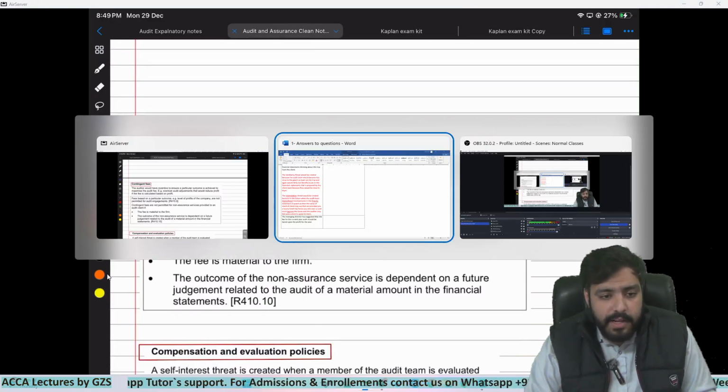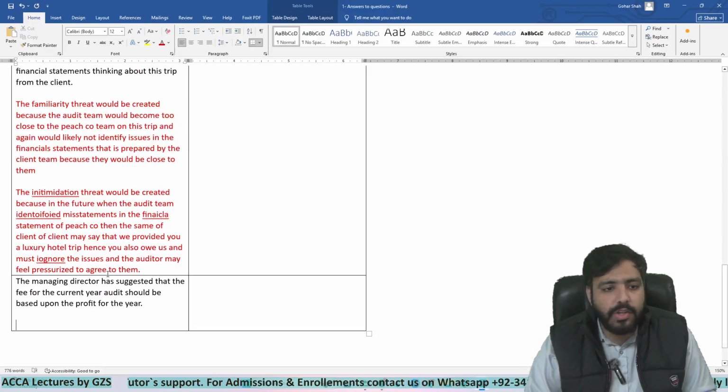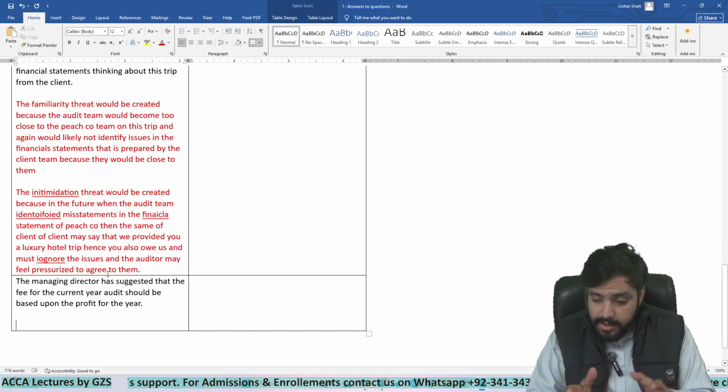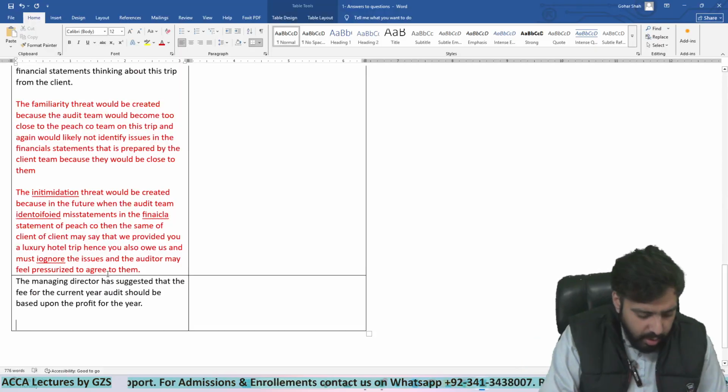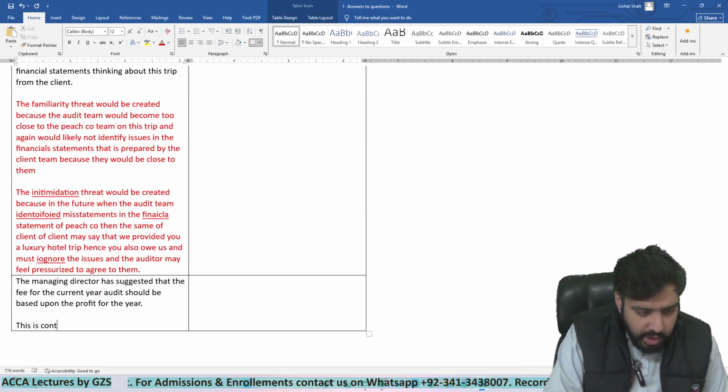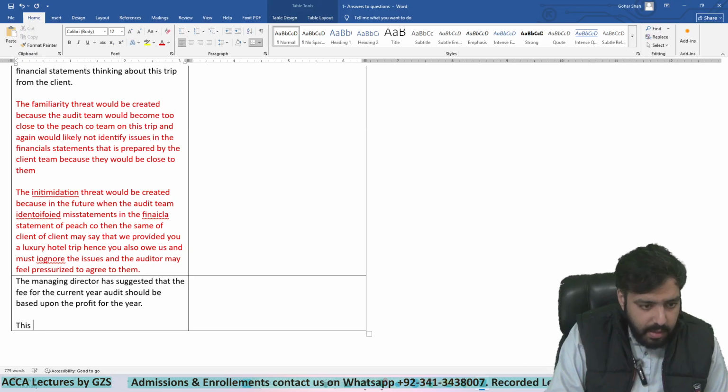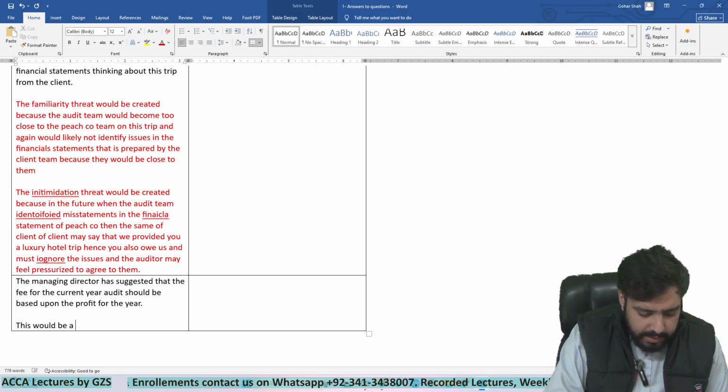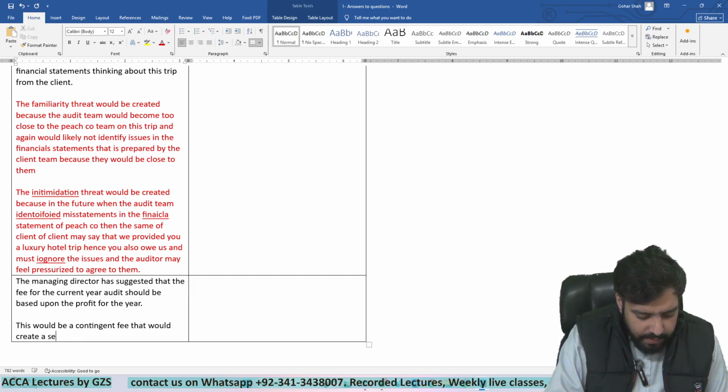And the only safeguard is that we can't do it. It is not allowed simply under the code to have any kind of fee that is linked with something. So this would be a contingent fee that would create a self-interest threat.